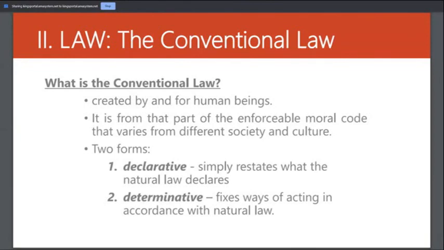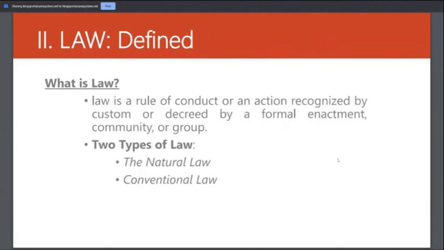It is from that part of the enforceable moral code that varies from different societies and cultures, depending on the society and the culture of that society. We do have two forms: declarative, which simply restates what the natural law declares, and determinative, which fixes ways of acting in accordance with natural law.